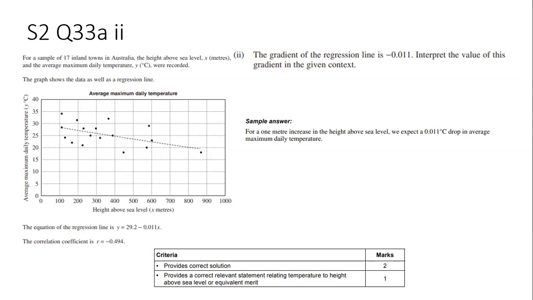A number of students were actually able to tell us that there was a decrease in temperature as there was an increase in height. So they were showing an understanding for it, but they weren't able to take themselves to the next step of identifying the numerical values based upon the gradient. So it was about understanding a decimal value for what the gradient refers to.